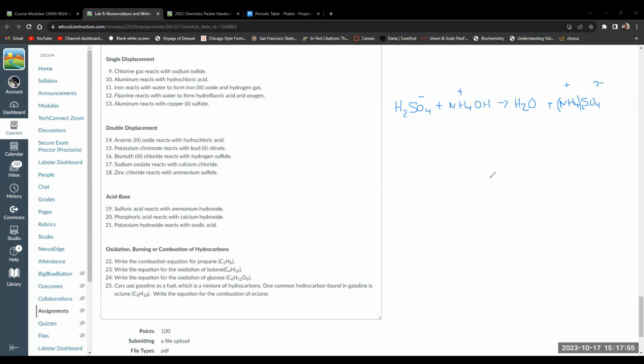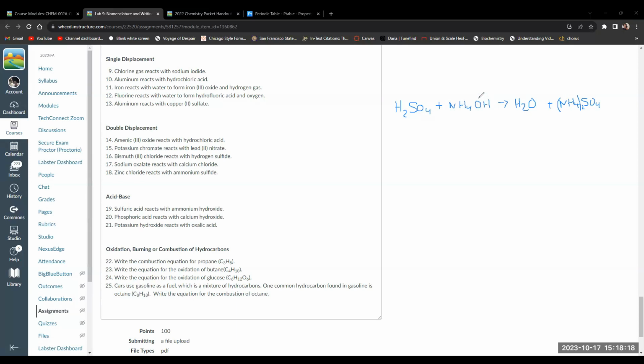This is our salt. It kind of looks like a double displacement, and in a way, it more or less is.